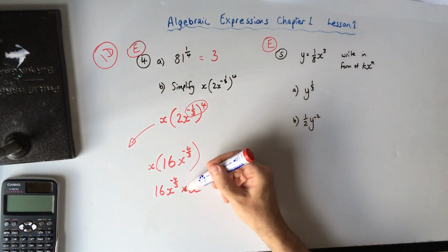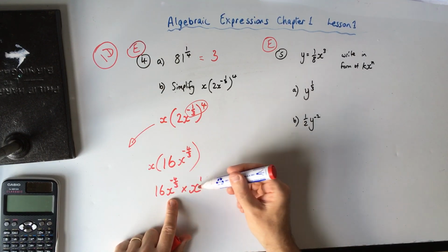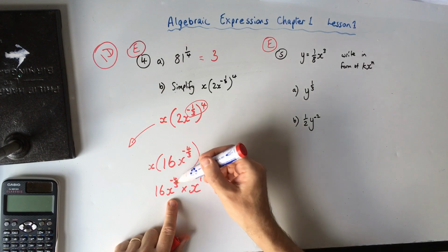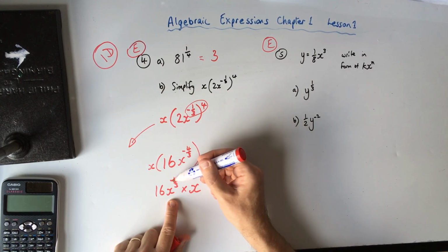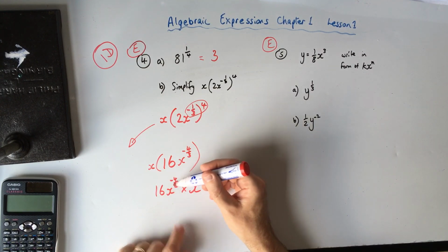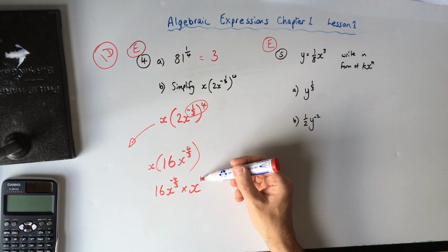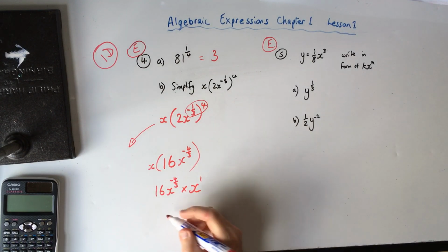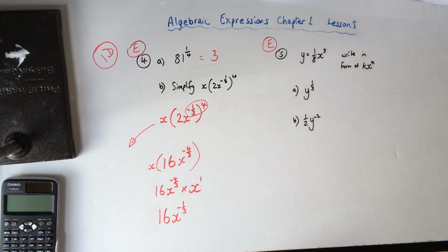And when we times two things that are the same, the x's, what do we do with the powers? We add them, don't we? So we've got minus 4 thirds plus 1. Well, minus 4 thirds is minus 1 and a third, plus the 1 is minus a third. So this becomes 16x to the minus a third.